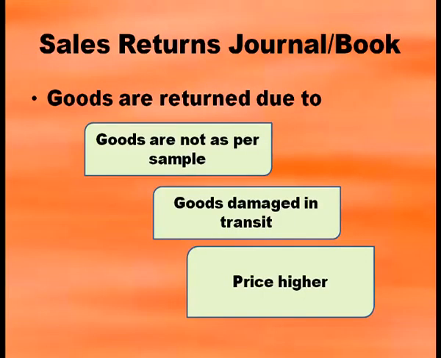Goods are returned because they are not as per sample. Sometimes goods may be damaged in transit. Sometimes the seller will charge a high price. So customers are not satisfied, and they will return that lot of goods.